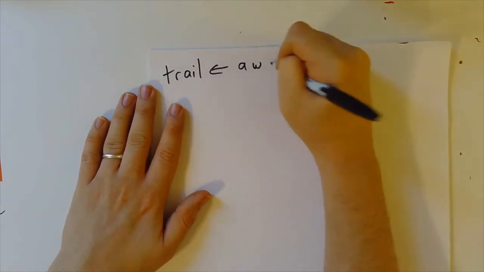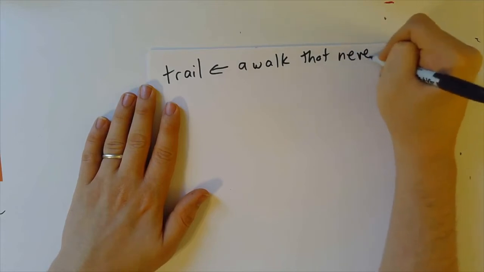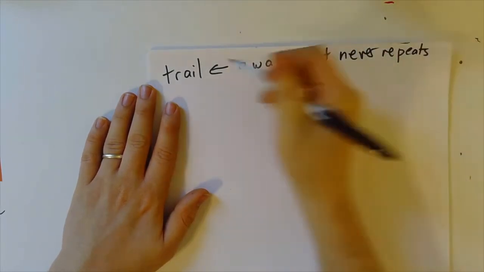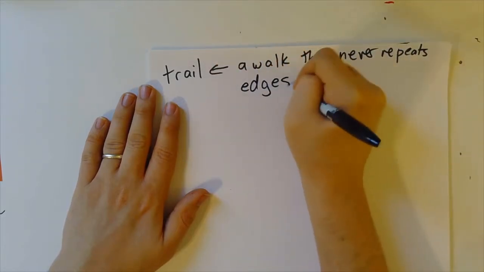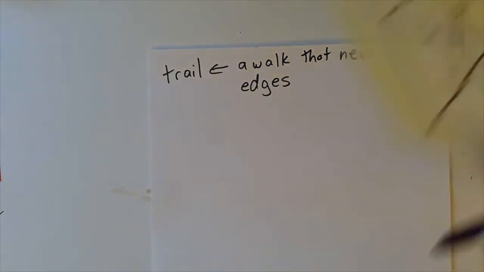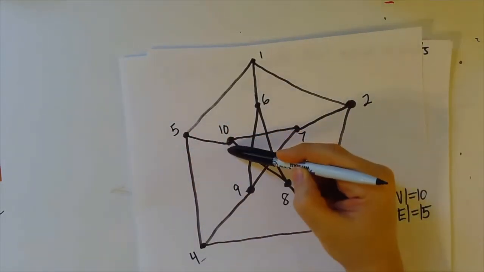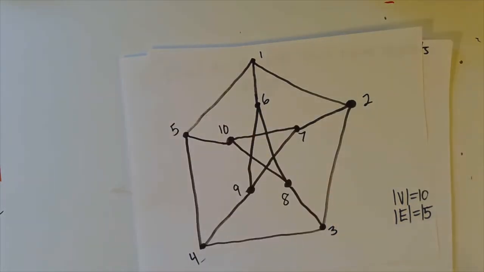This is a walk that never repeats edges. So here, for example, you might do something like 1 to 2 to 3 to 4 to 5 to 10, and I haven't repeated any edges, but I could not go back to 5, for example.